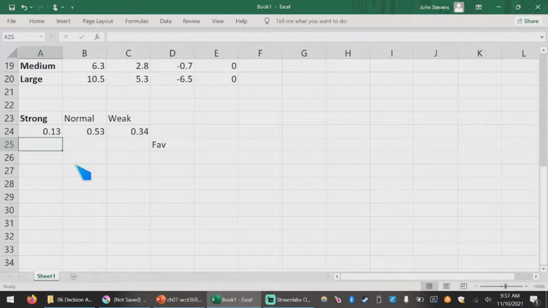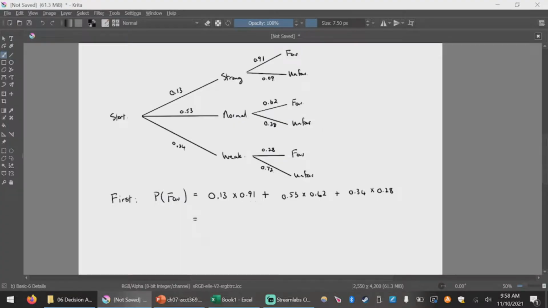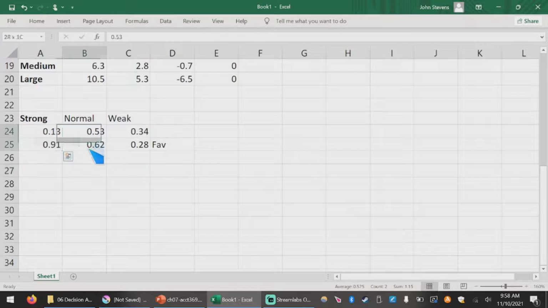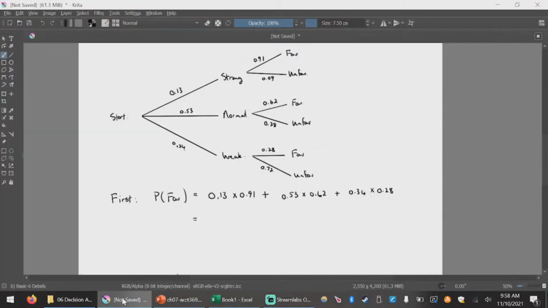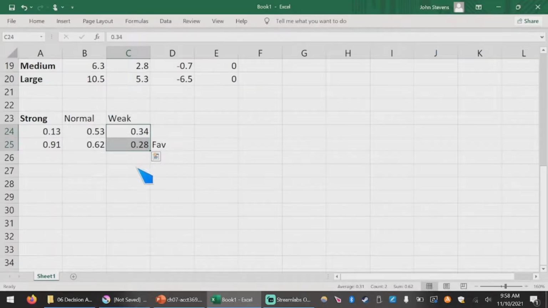Favorable has, if it's strong, the favorable probability is 0.91. If it's normal, it's 0.62. If it's weak, it is 0.28. So now if we look at the calculation, it's 0.13 times 0.91. It's just these guys multiplied together. There we go.